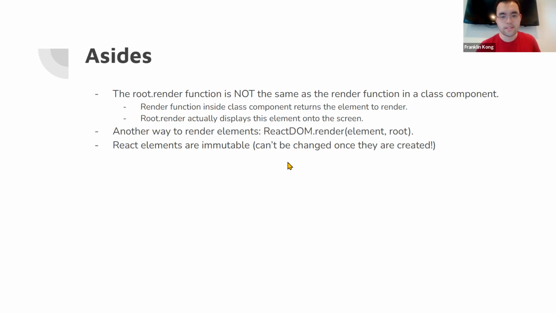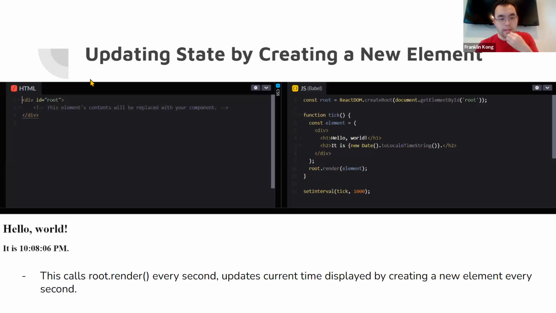Next slide, please. To see what I mean, let's go over this example. We have a function tick that renders hello world, which is the H1 element, and then the H2 element, where whatever you see inside the curly brackets displays the current time.